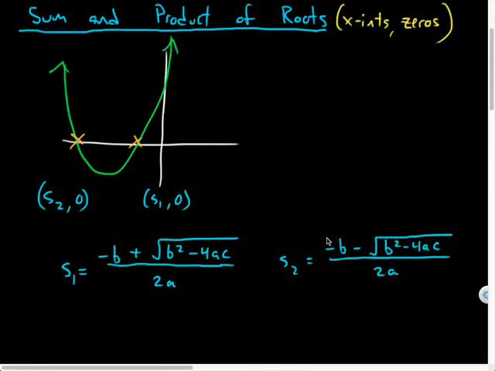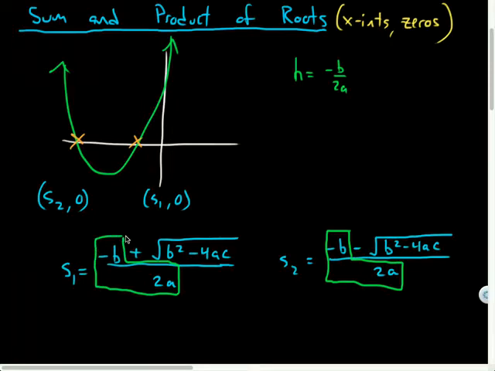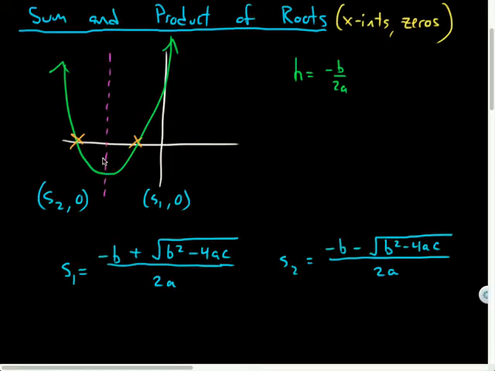Now, this is just kind of a side note: does anyone remember what the equation was to calculate the x-coordinate of the vertex, h? H was equal to negative b over 2a. Negative b over 2a gives you the x-coordinate of the vertex as well as your axis of symmetry. So I just want to point out that negative b over 2a is the midpoint between your roots.